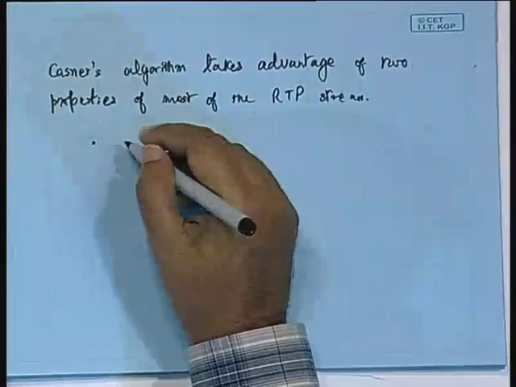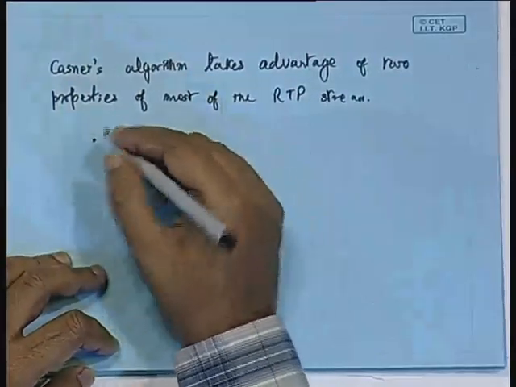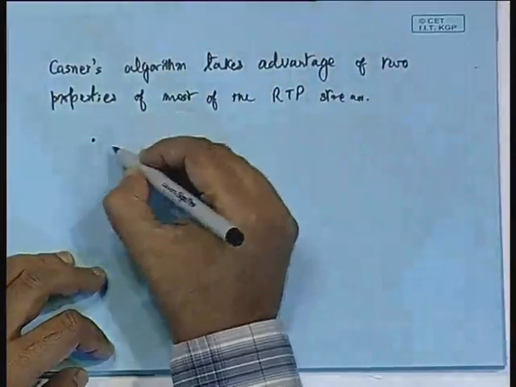So, the first property for most of the RTP streams is that most of the fields in the IP, UDP and RTP headers do not change over the lifetime of an RTP session.